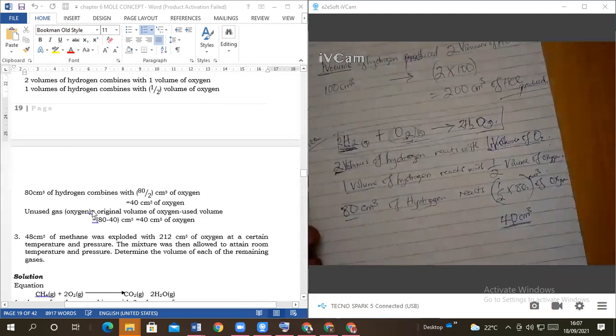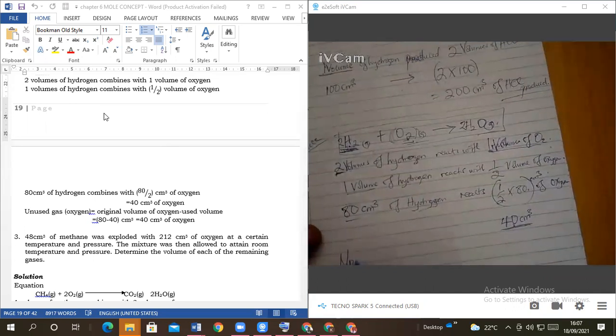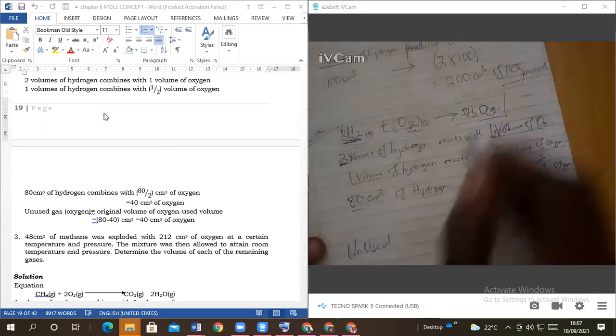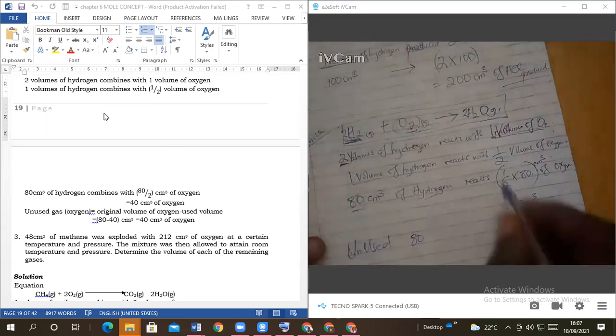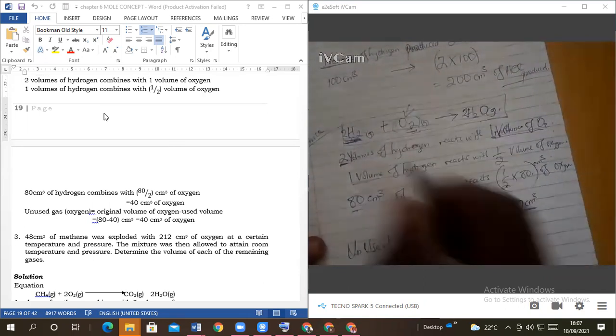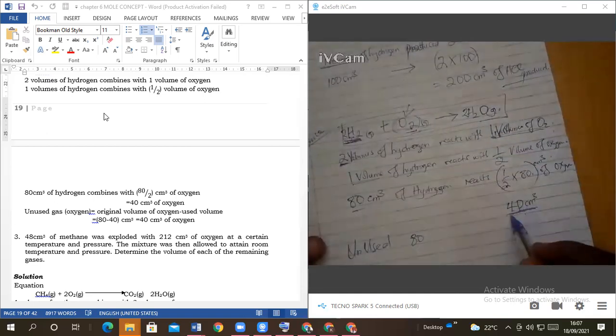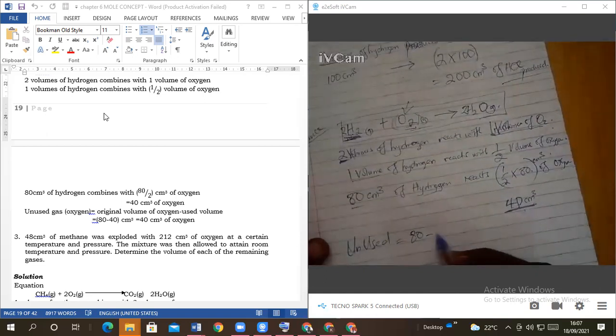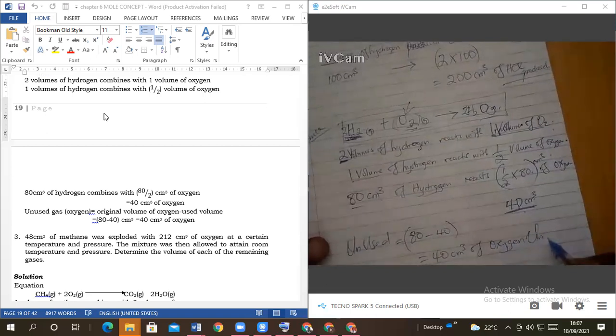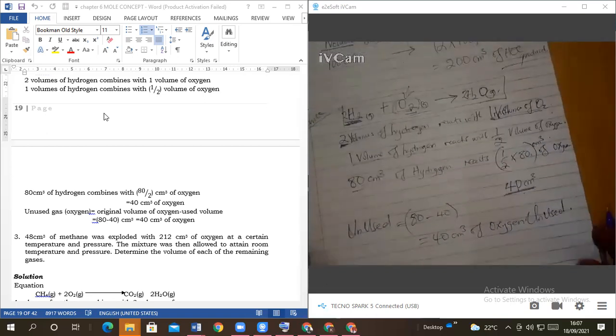That part was oxygen. It means you needed only 40 of oxygen to explode all 80 of hydrogen, so it becomes 80 minus 40, which is 40 cubic centimeters of oxygen unused. Is that clear?